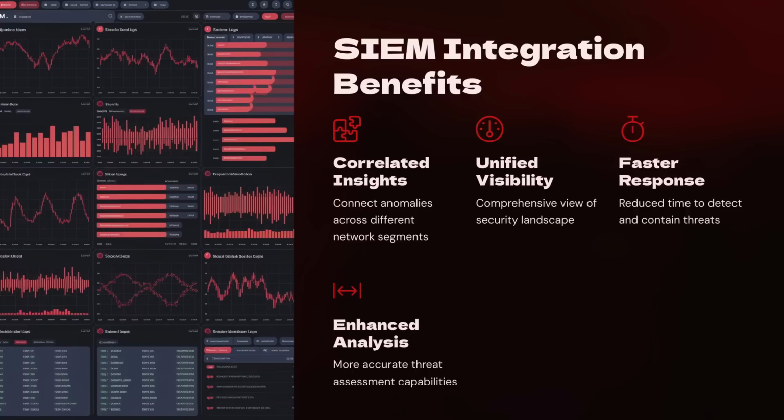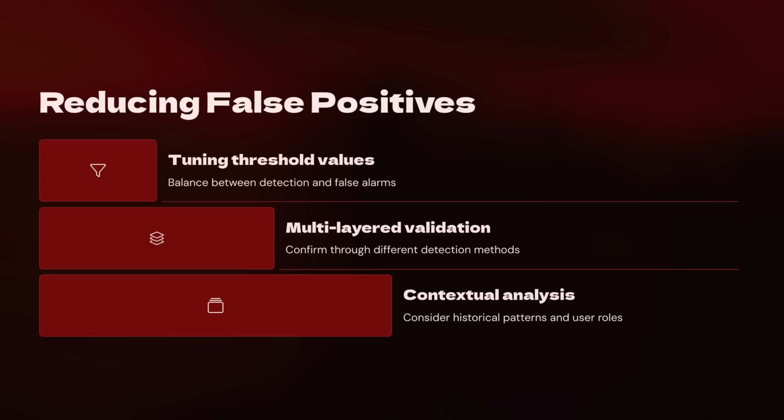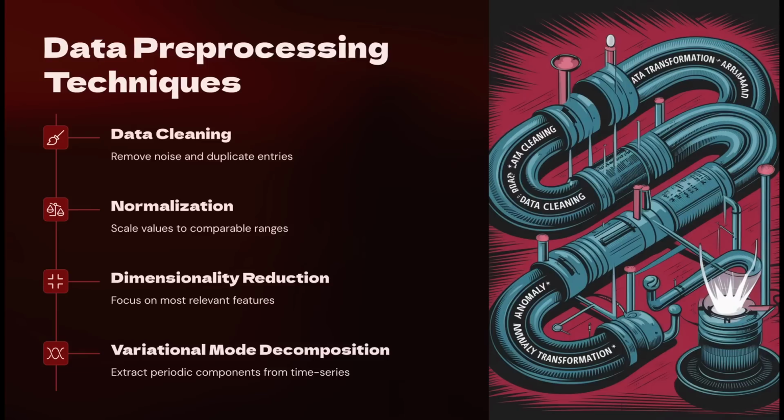A key advantage of real-time anomaly detection is its ability to identify unknown or emerging threats that signature-based detection methods might miss. By focusing on behavioral anomalies rather than known attack patterns, these systems can uncover advanced persistent threats, or APTs, and insider threats that often evade traditional security measures.